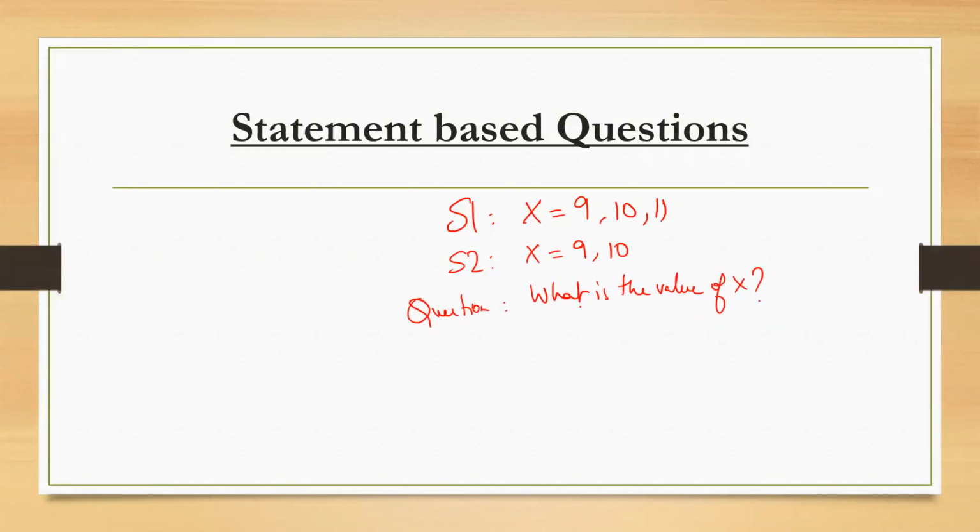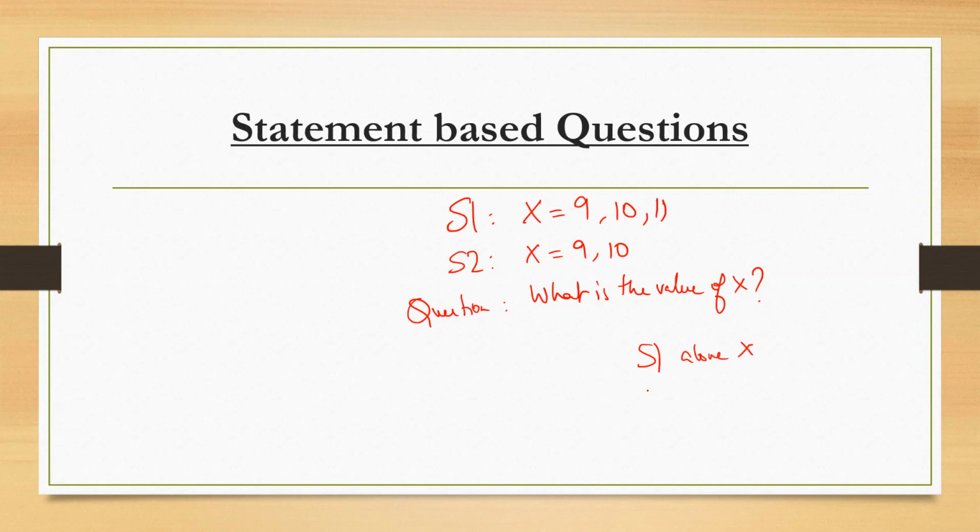Okay. Now what you have to do, Raghavan, is find out the distinct value of x here. Okay. Now, even though in statement 1 I'm getting 9, 10, 11, it is not distinct. Distinct means only one value. Okay. So S1 alone will not answer my question.